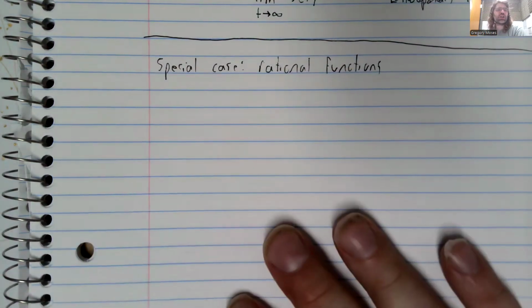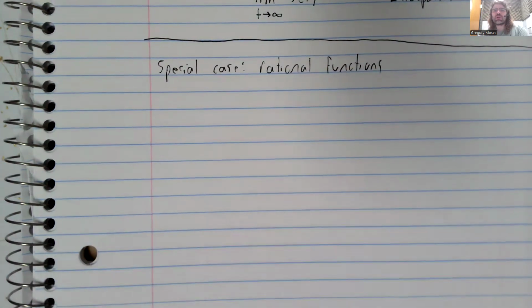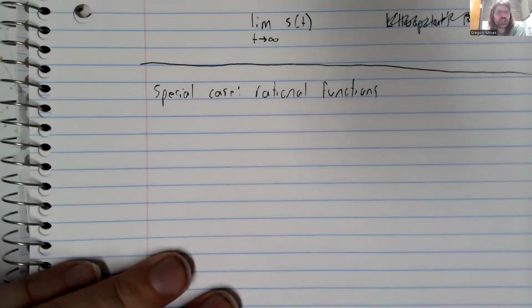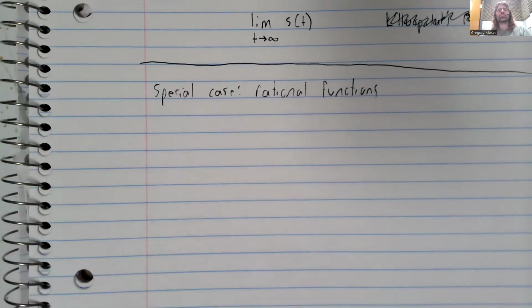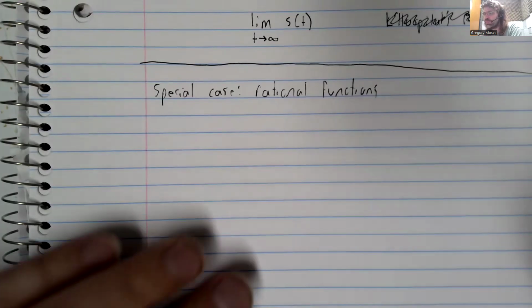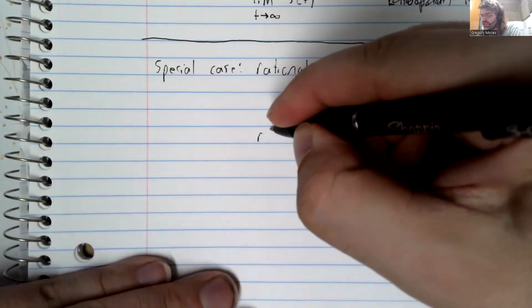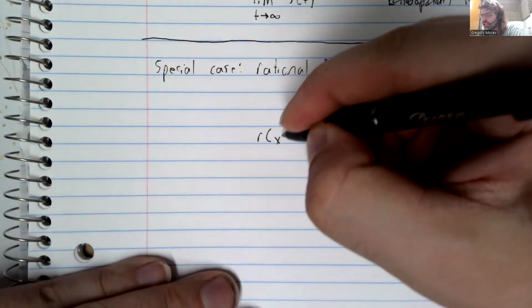And depending on your algebra background, you may very well have seen this material before. Not the notation. The notation is presumably new to you. But let's create a rational function.